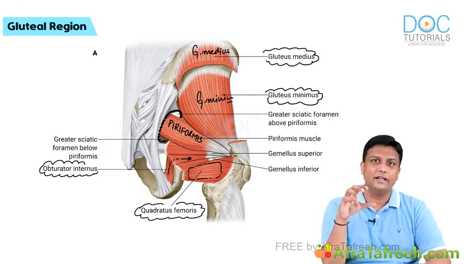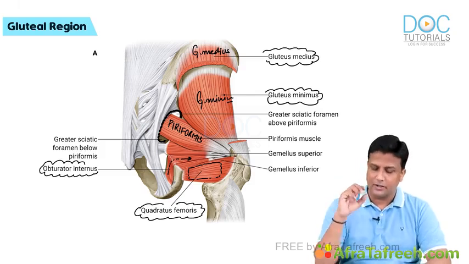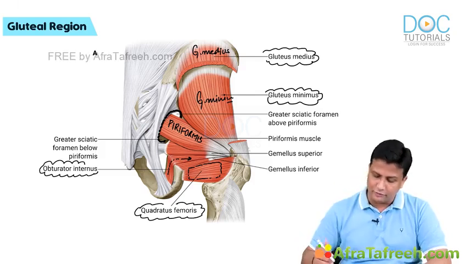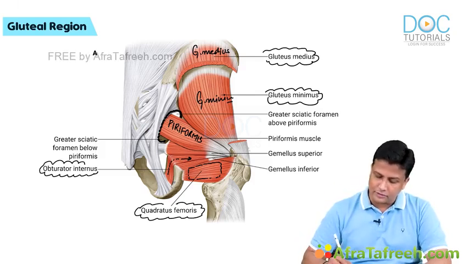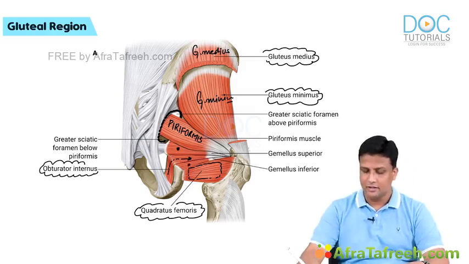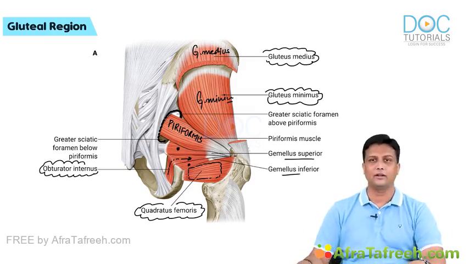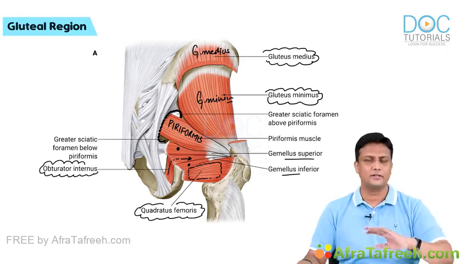Once you are able to identify these two muscles, look closer. Above and below the obturator internus, you are able to find a muscle, and that muscle will be your gemellus. One will be the gemellus superior muscle, another one will be the gemellus inferior muscle.